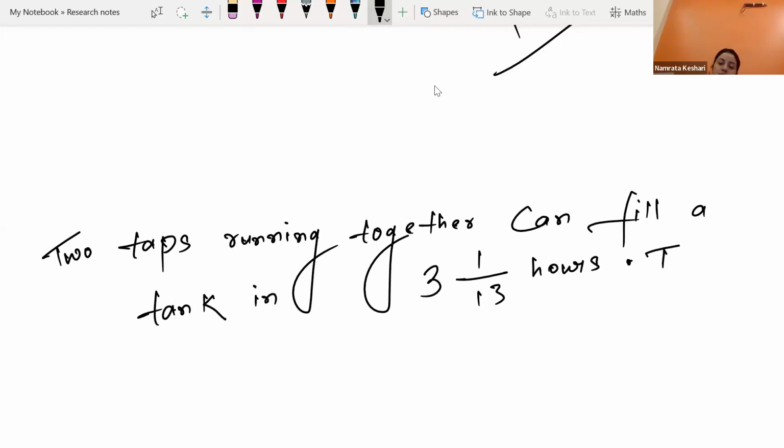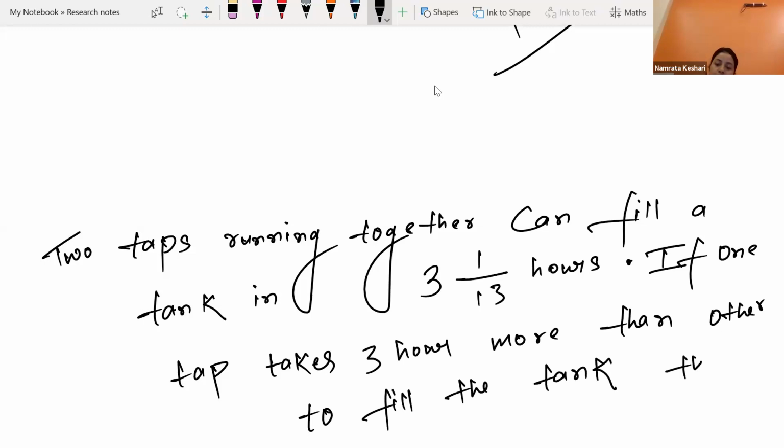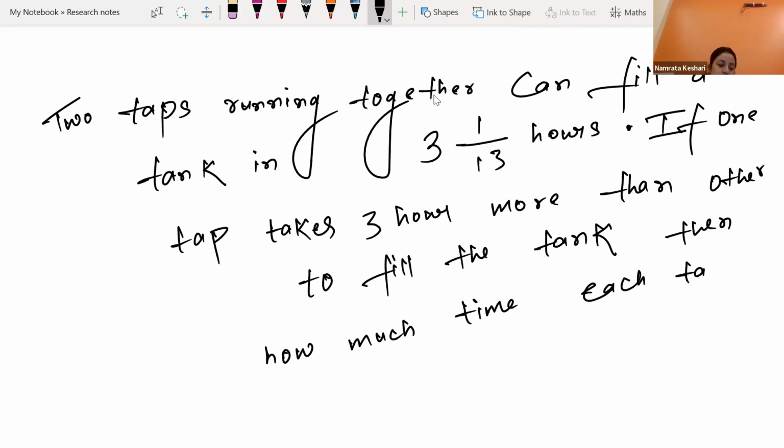If one tap takes 3 hours more than the other to fill the tank, then how much time will each tap take to fill the tank? Write this question.